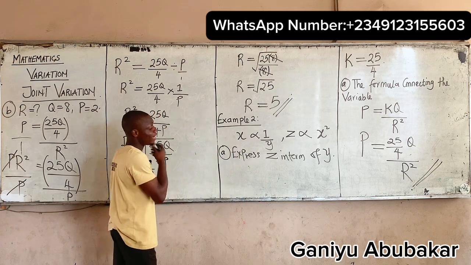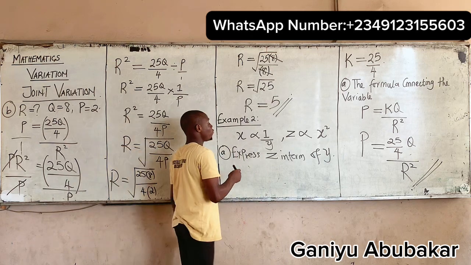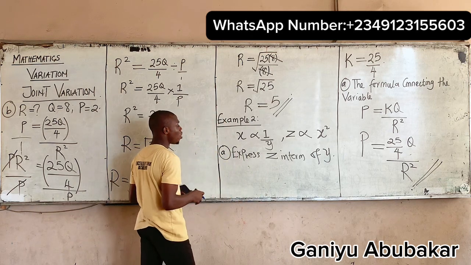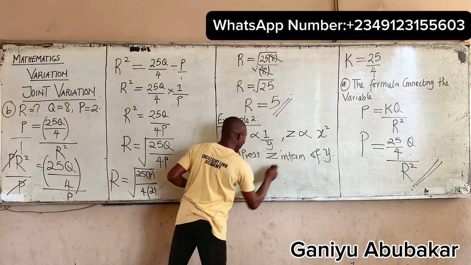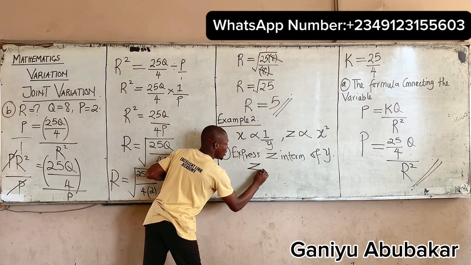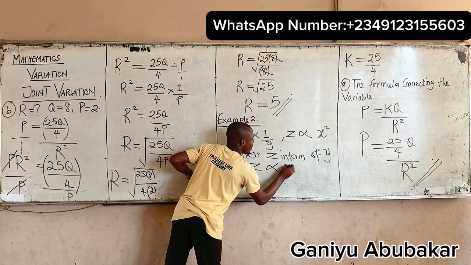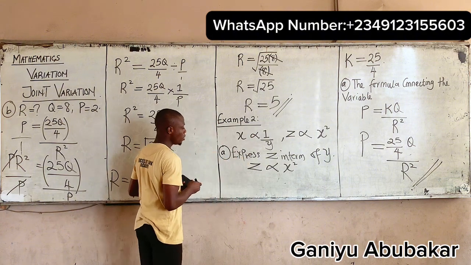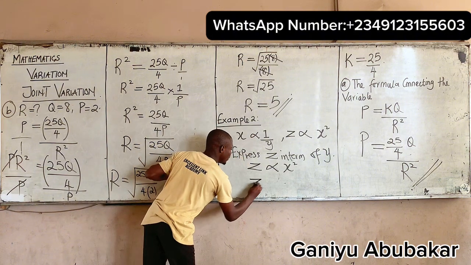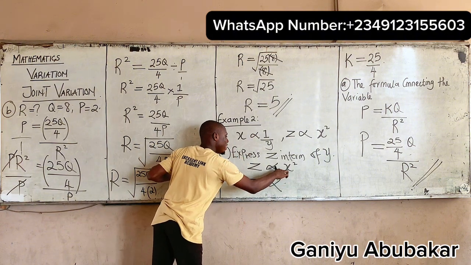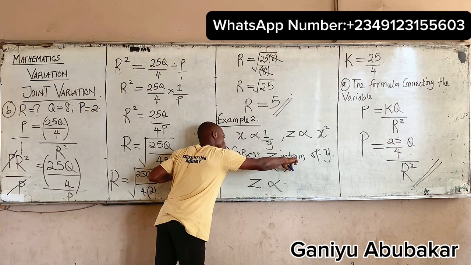So I want to express z in terms of y. What do we know? Look up. We know that z is proportional to what? X squared. From here, z is proportional to x squared means z is equal to k times x squared.